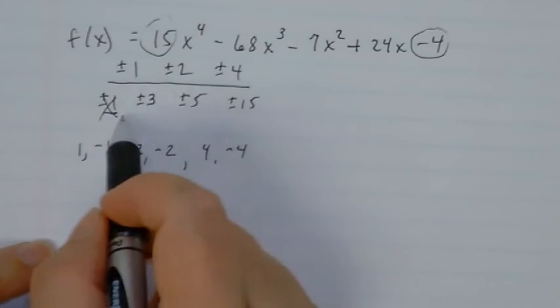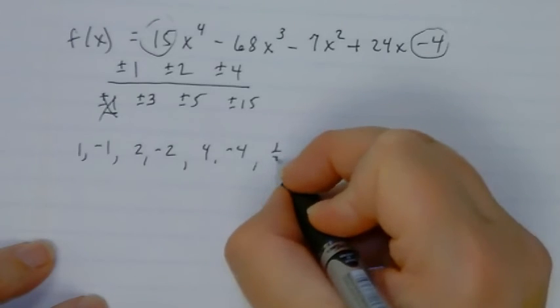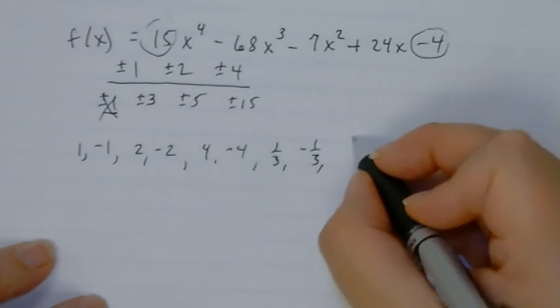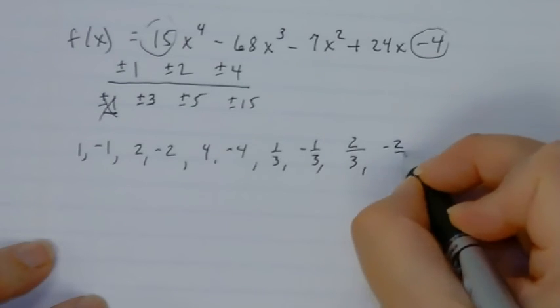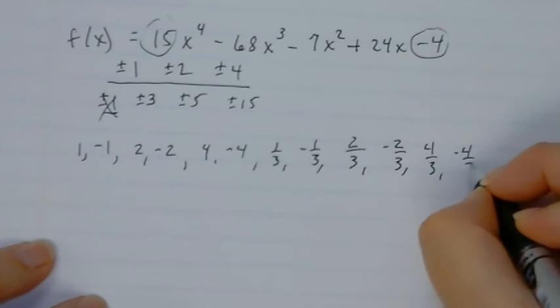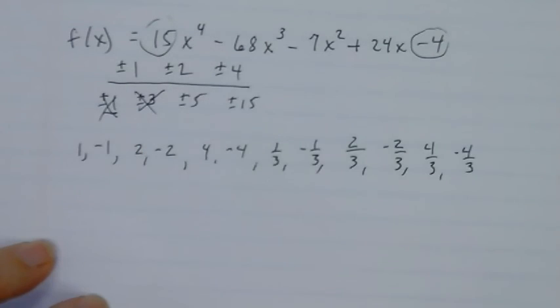Next, I'm going to divide each of these by 3. So 1/3 and negative 1/3. 2/3 and negative 2/3. 4/3 and negative 4/3. That one's done. Now I'm going to divide everything by 5.